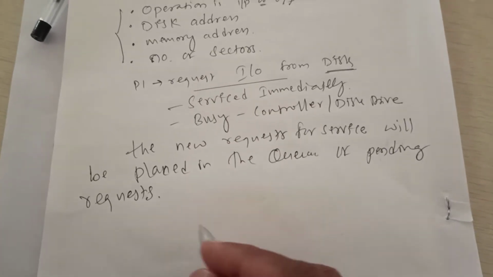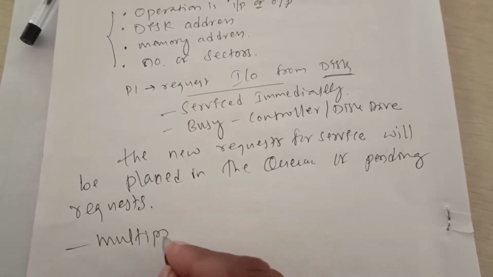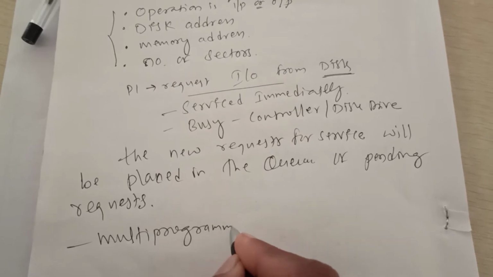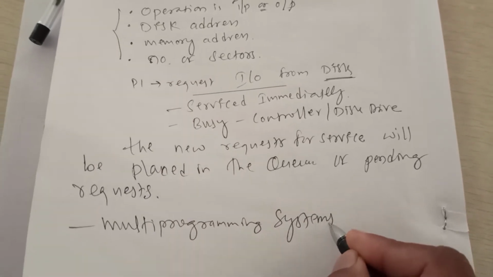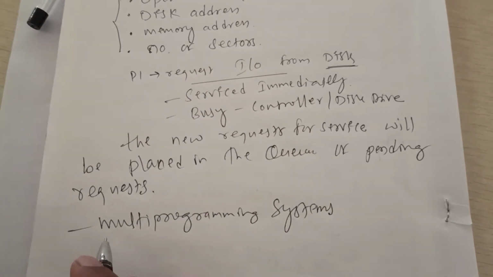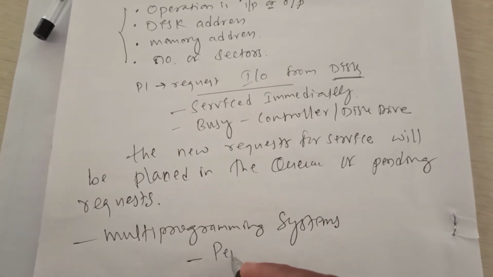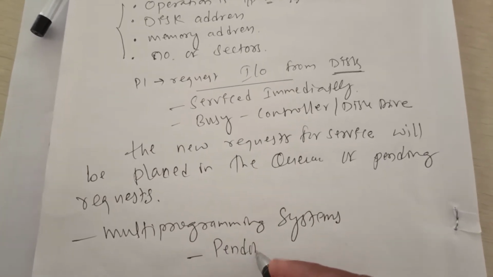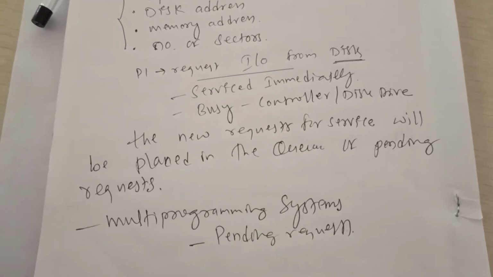In multi-programming systems with many processes, the disk queue may often have several pending requests. Now what is going to happen here?